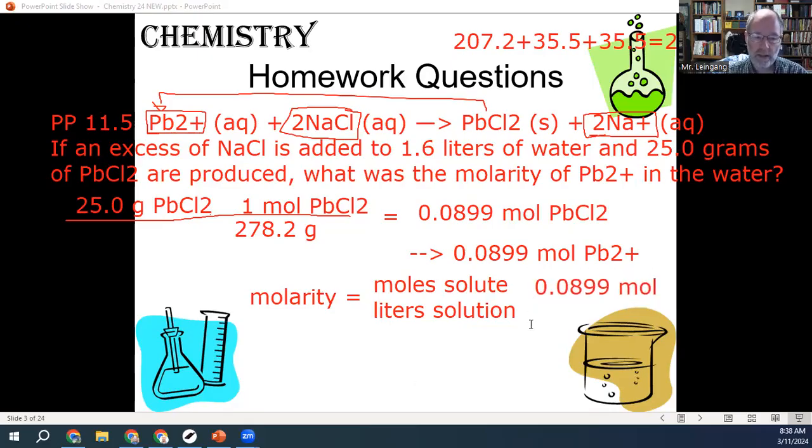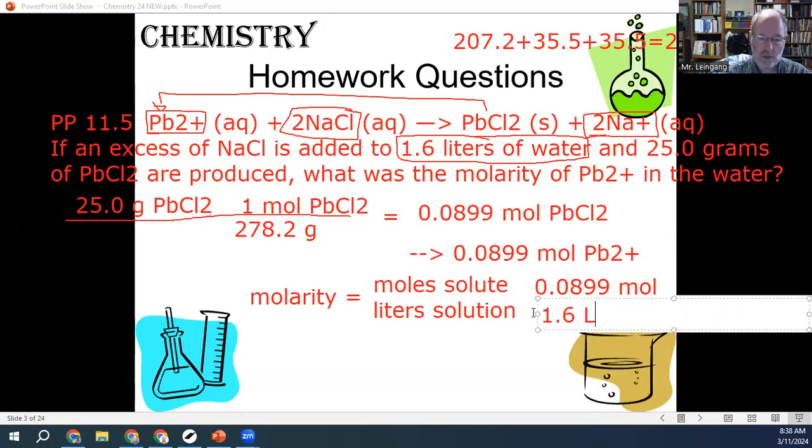What is the liters of solution then? Well, they gave it to us in the problem, 1.6 liters. So the volume has not changed.